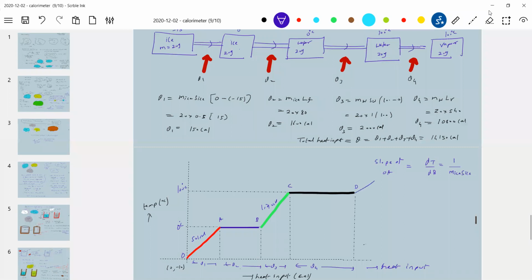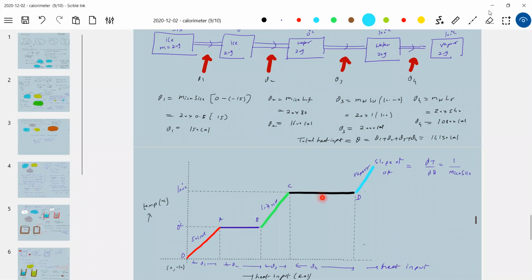Further, if you want, you can go for vapor. Okay, this is the vapor state. Now try to see this. This is a liquid. This is a vapor.